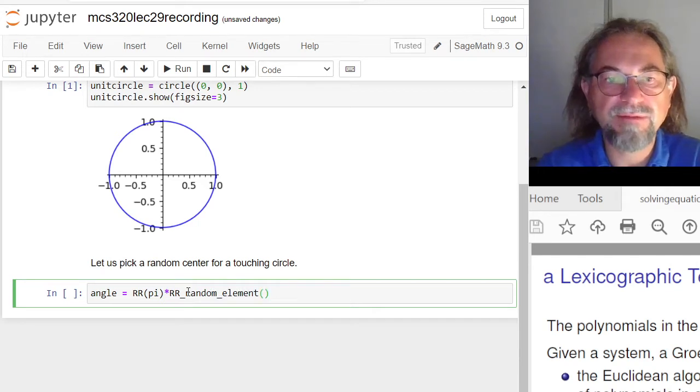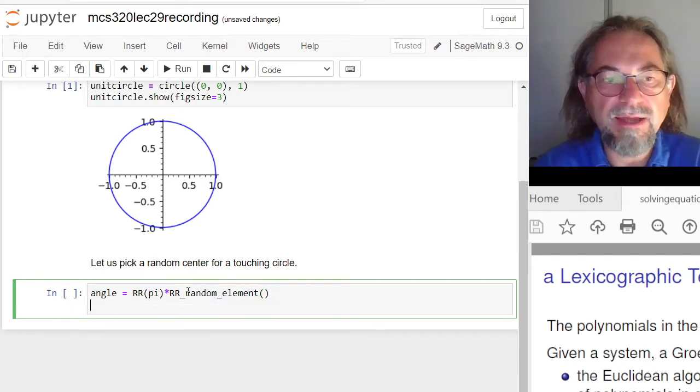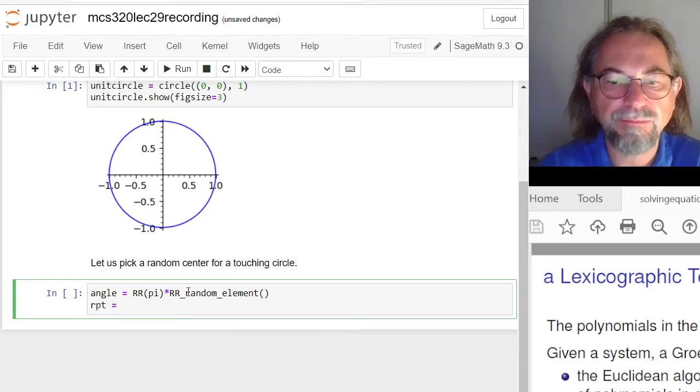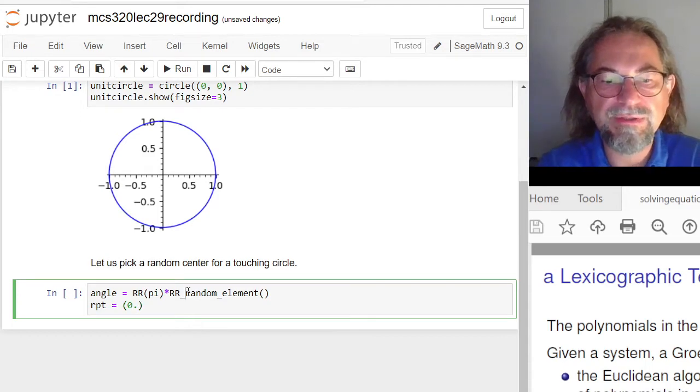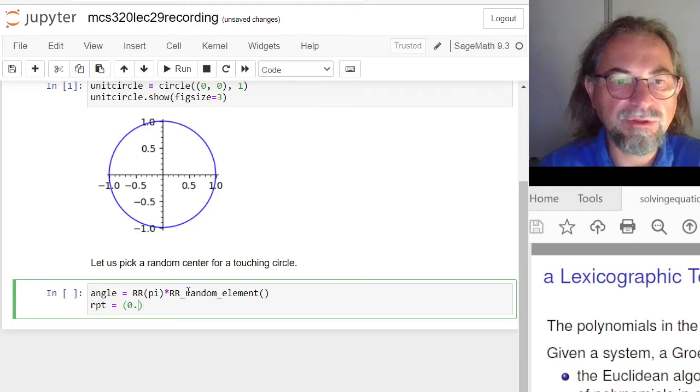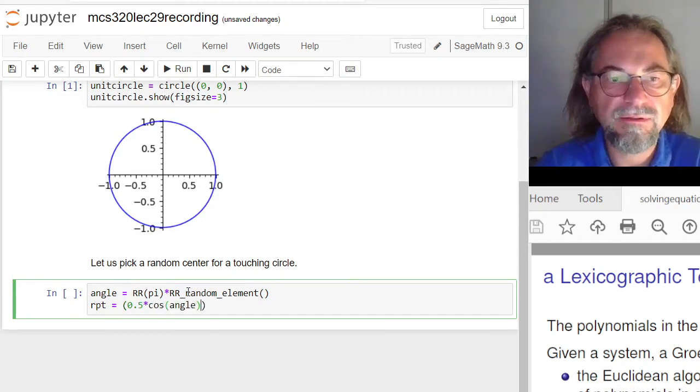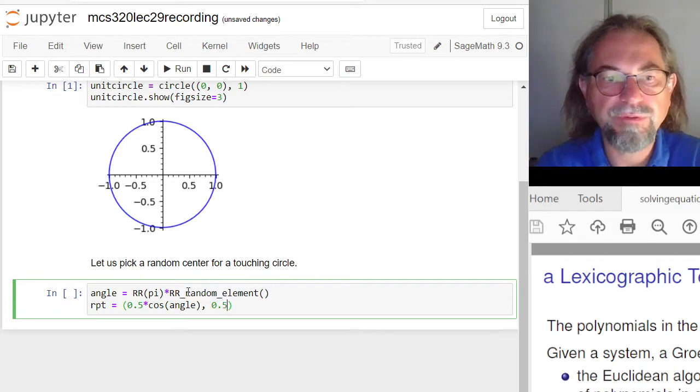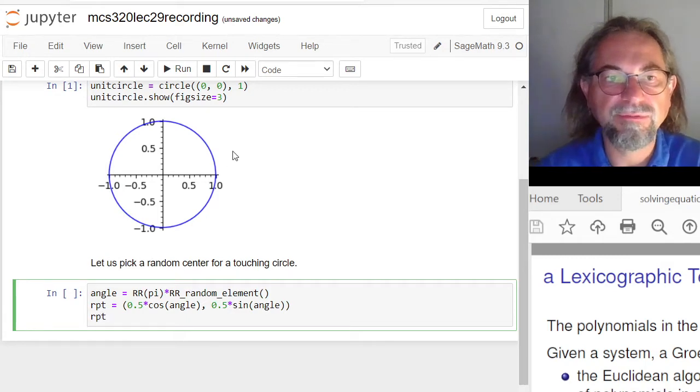I will take a point at distance 1/2. So my random point will be 0.5 times the cosine of the angle and 0.5 times the sine of the angle. This is a random point.